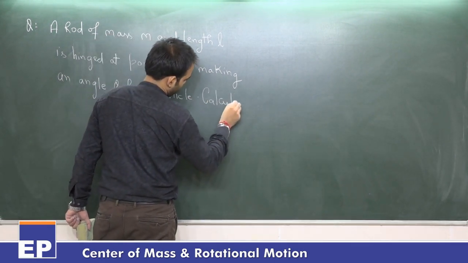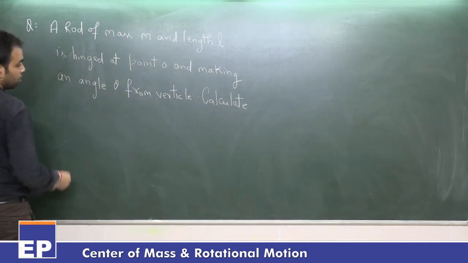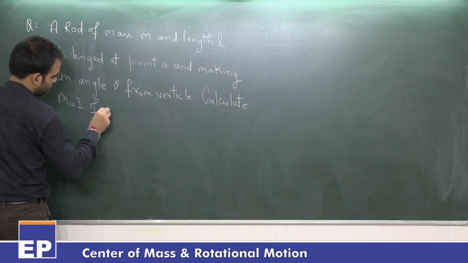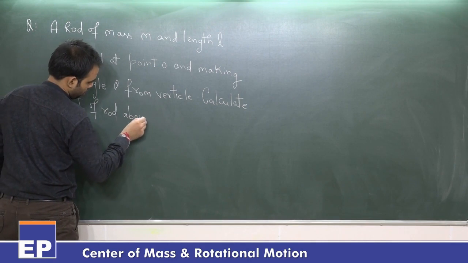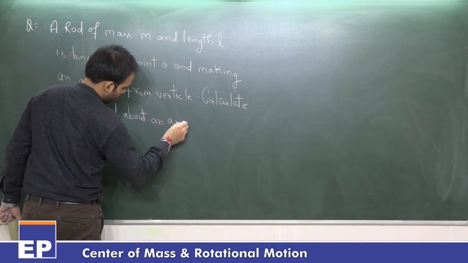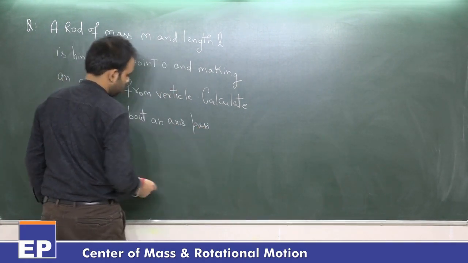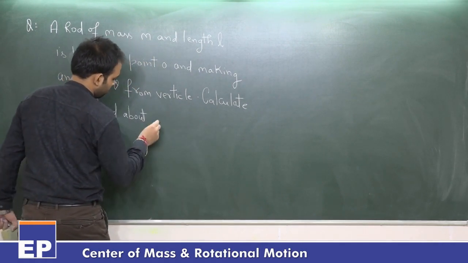Calculate the moment of inertia of the rod about an axis passing through O, about a vertical axis.